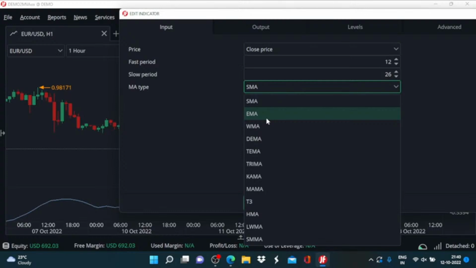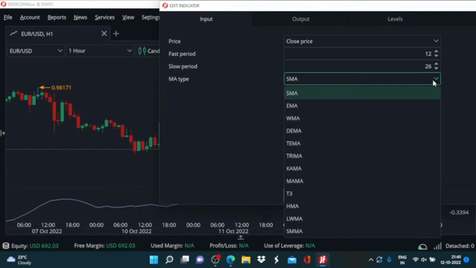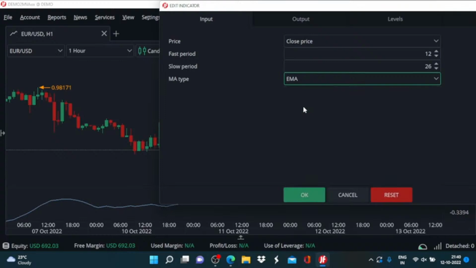Again, you will see large variance in its output value because each type of moving average is going to be differently responsive to the recent price fluctuations, and as a result of that we are going to observe these changes in the output of the indicator.